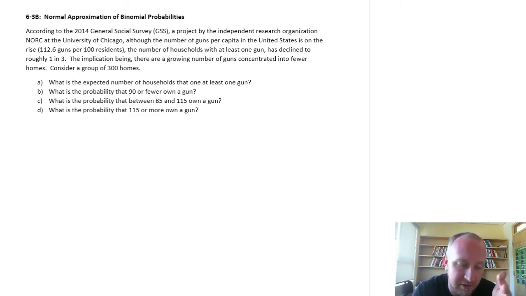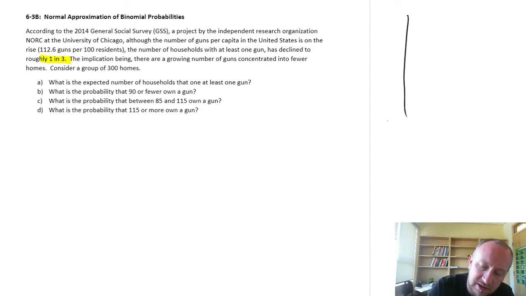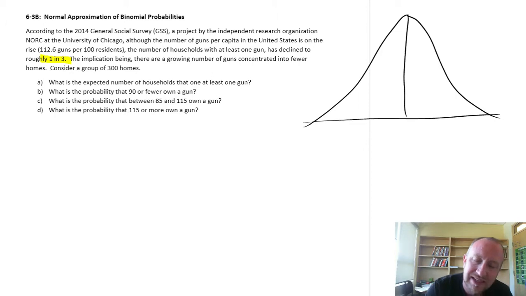So we have more guns and fewer homes, and it's declined to roughly 1 in 3. Let's consider a group of 300 homes to answer these questions. We're using our continuous normal distribution. Can we use a normal distribution in this case to estimate these binomial probabilities?